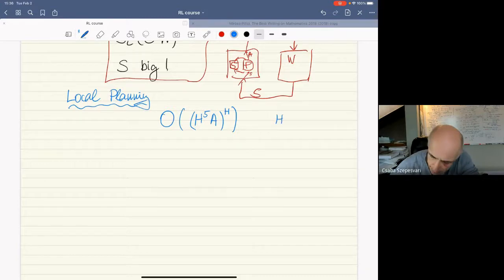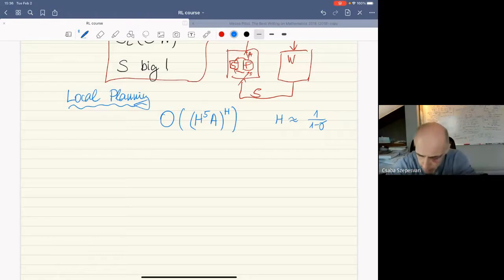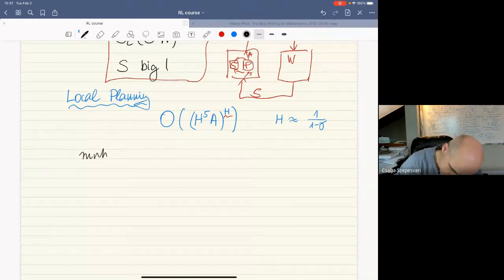So H is like at least 1 over 1 minus gamma if you're in the discounted setting. And so if we don't care about this little glitch here that in the exponent you have the effective horizon, this local planning business basically solves all our problems, because the runtime is independent of the number of states.